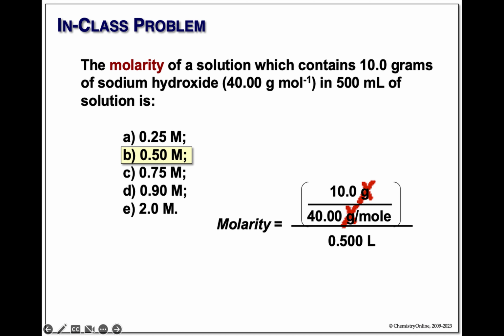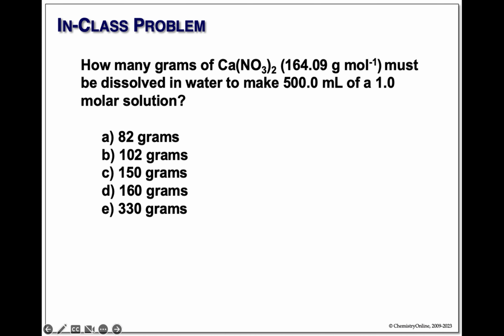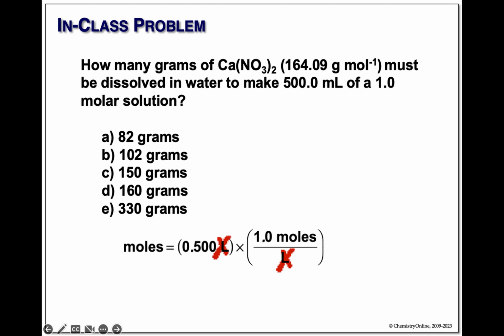Another one. How many grams of calcium nitrate do we have to dissolve to make 500 mLs of 1 molar? Well, number of moles is going to be concentration multiplied by volume, isn't it? So we substitute 0.5 times 1. 0.5 moles, I can do that in my head.